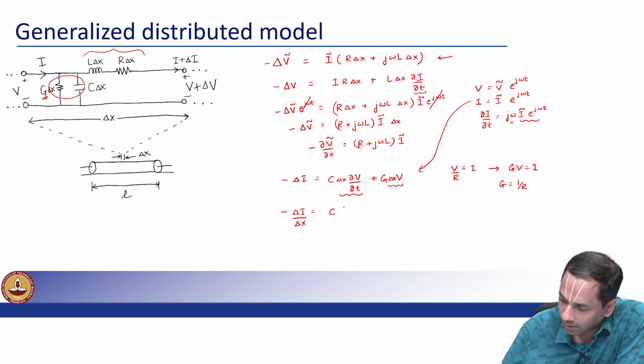C times, so dou v by dou t is essentially v tilde j omega e to the j omega t plus g times v tilde e to the j omega t.